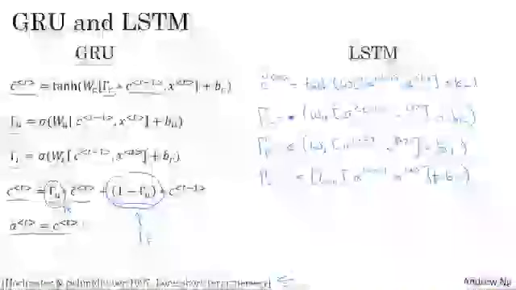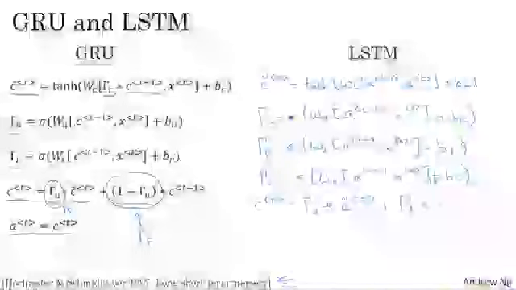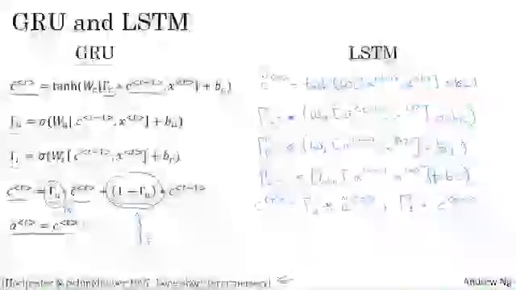And then the update value to the memory cell will be c_t equals gamma_u, then this asterisk denotes element-wise multiplication, a vector-vector element-wise multiplication, times c tilde t, plus, and instead of 1 minus gamma_u, we're going to have a separate forget gate gamma_f times c_(t-1). So this gives the memory cell the option of keeping the old value c_(t-1) and then just adding to it this new value c tilde t.